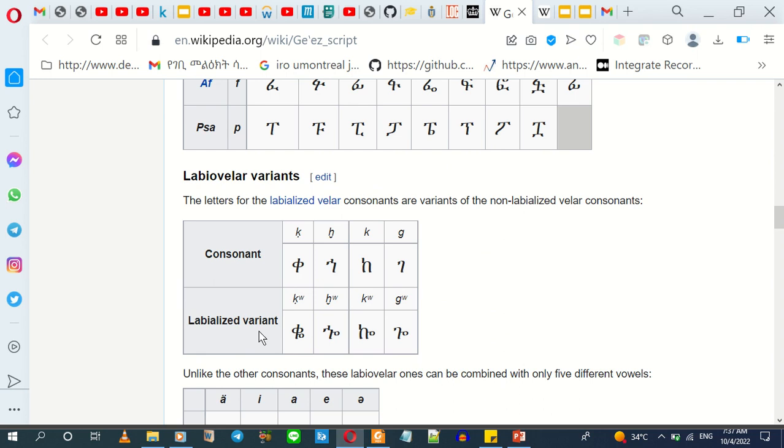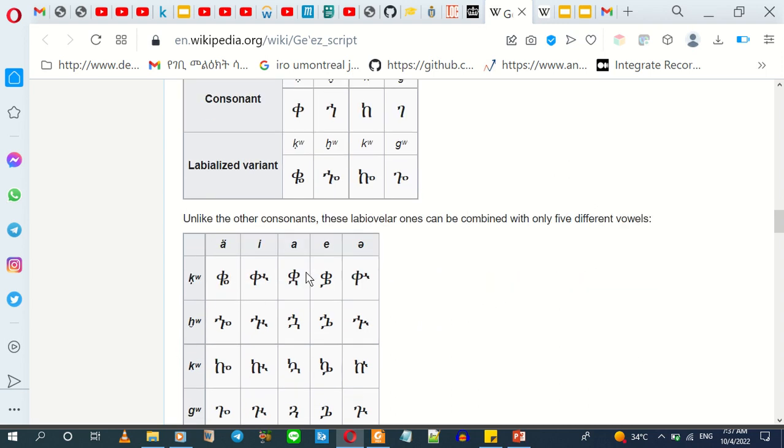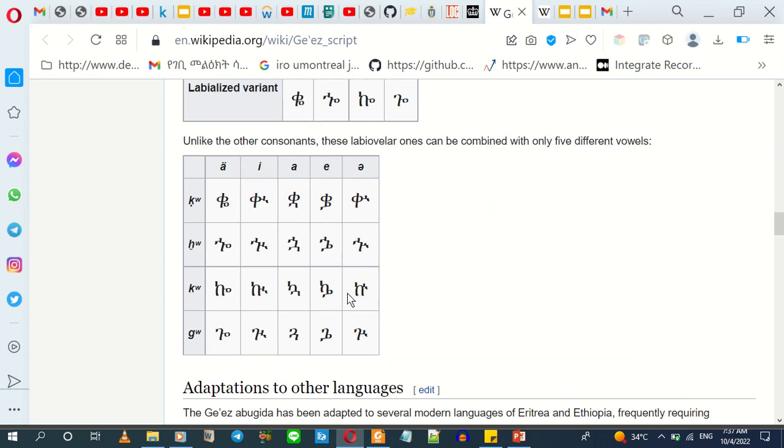There are four labialized variants in Ge'ez, and these four have their own formats. They use five different vowels to represent more sounds, because in the Amharic language a sound is represented by a single character.